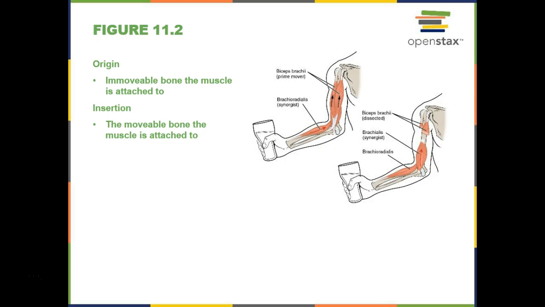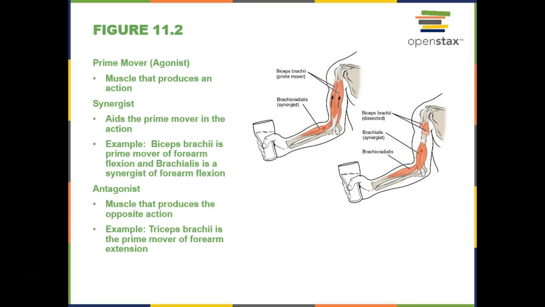The biceps brachii originates on the scapula, inserts on the radius, and the movable bone, the radius, moves up towards the humerus. So origin is the immovable region, insertion is the movable bone. Biceps brachii moves the radius towards the humerus. So it's the insertion. Make sense?